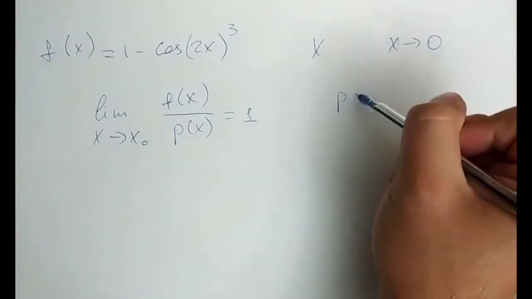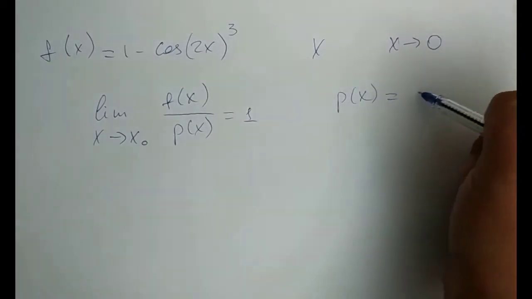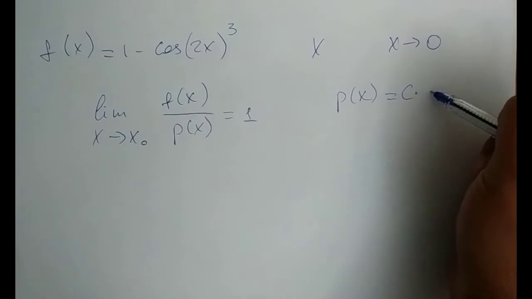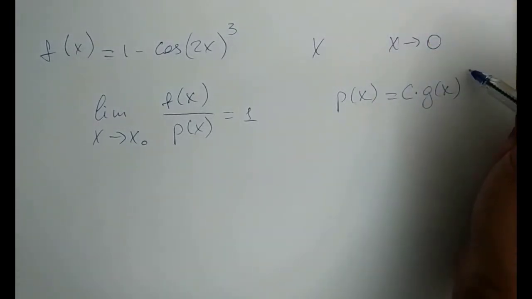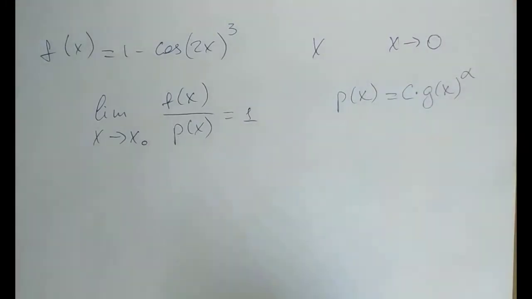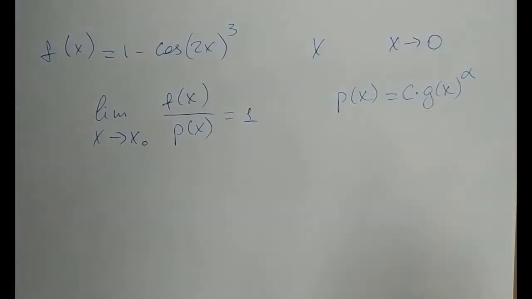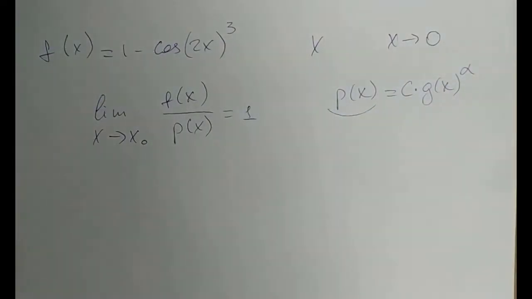And p of x is in the form of a constant times this g of x, the test function, to the power of alpha. This one we call the principal part of this function, p of x.